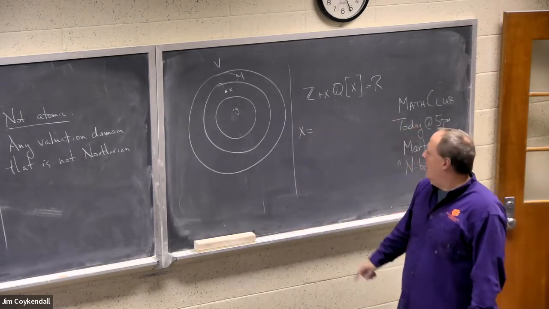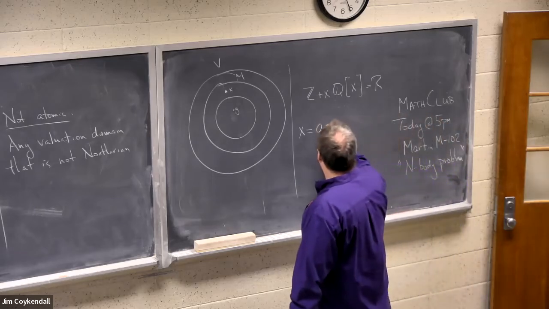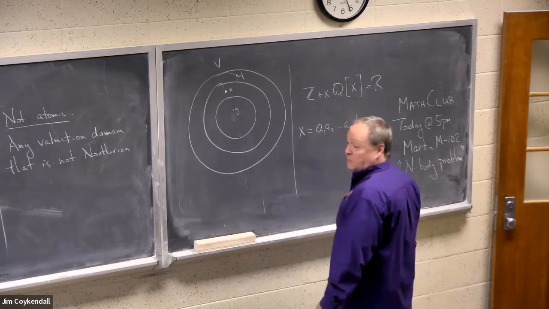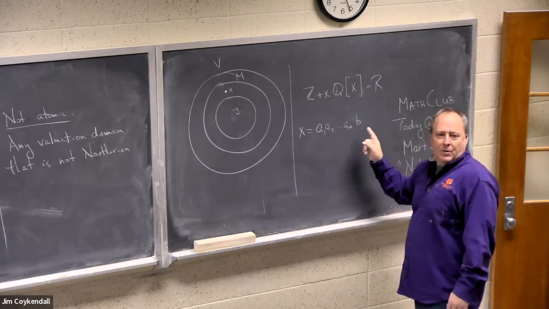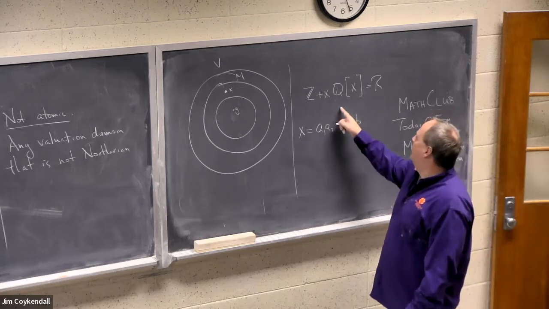If you can factor x into atoms, atom 1, atom 2, ..., atom k, times b, then precisely one of those atoms has to have degree 1. Agree? Exactly one, because it's a degree argument here.